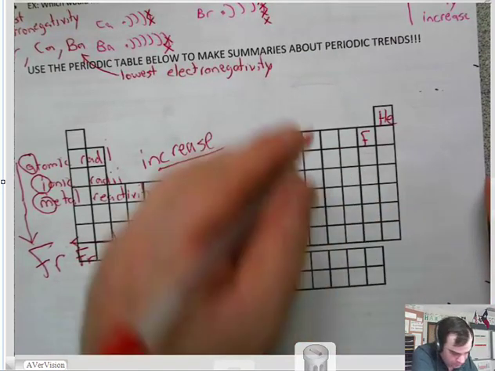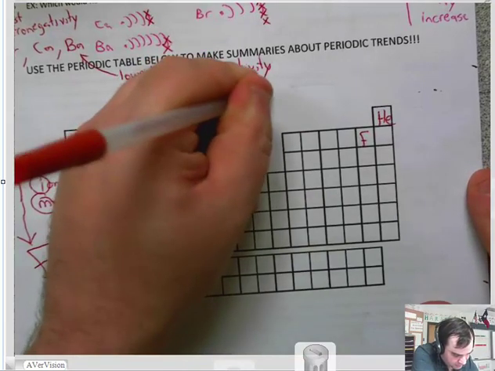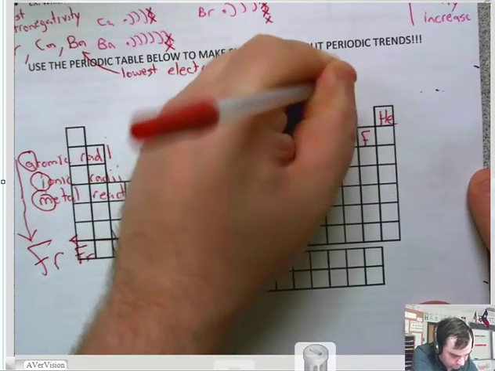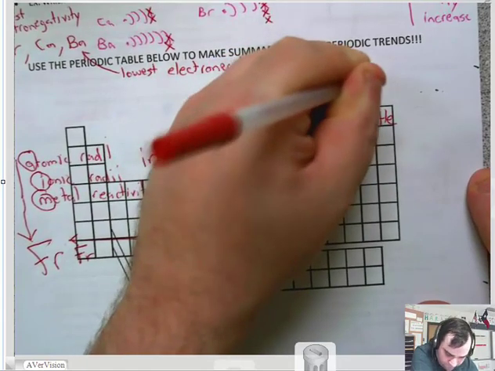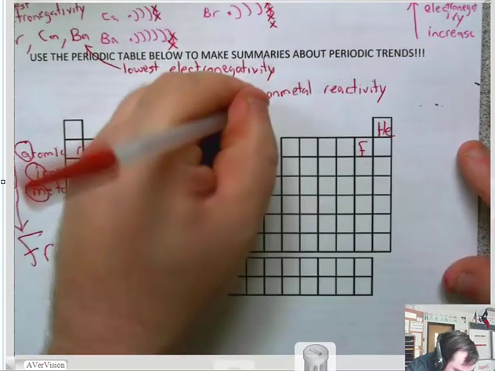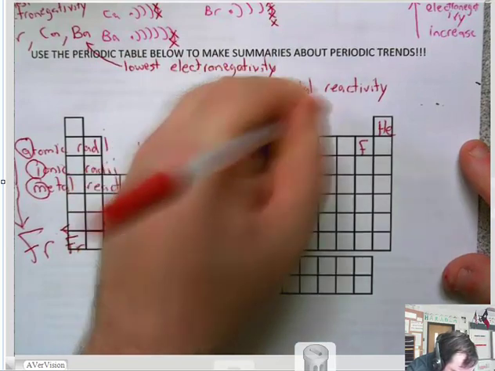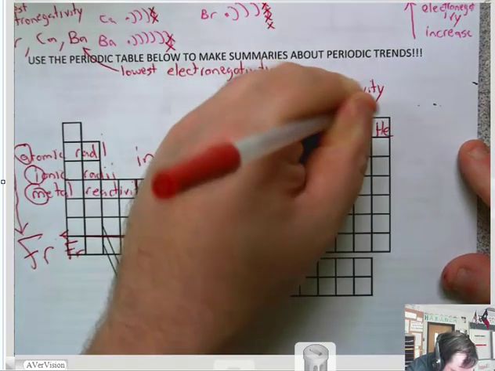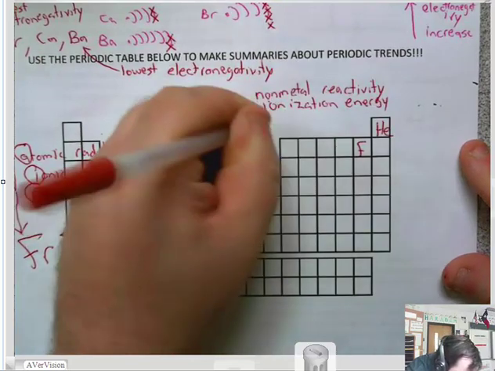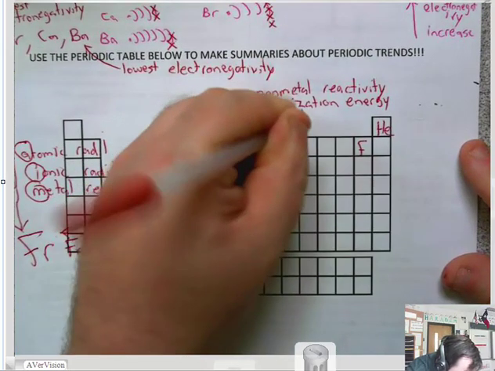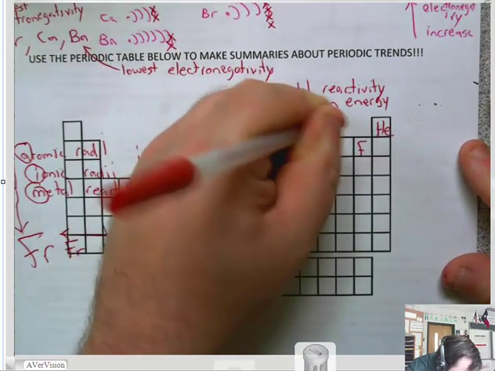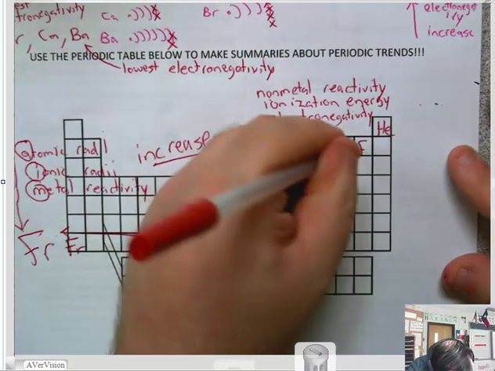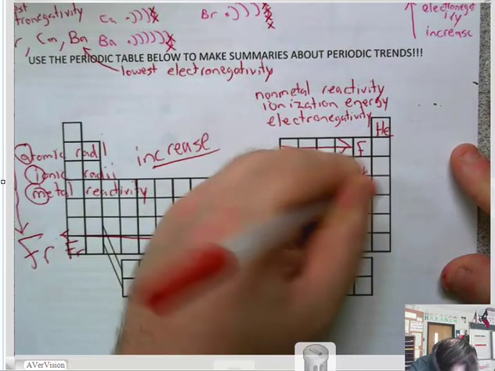Now, non-metal reactivity, ionization energy, and electronegativity increase towards fluorine.